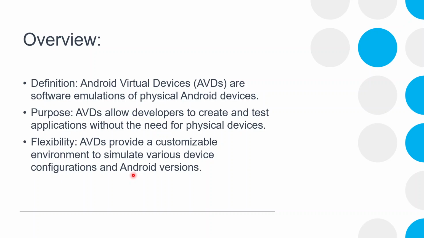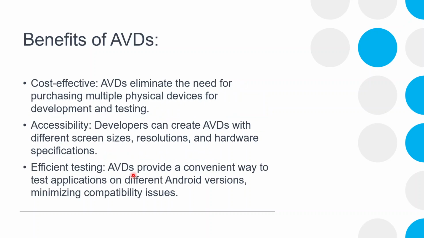So moving to the next slide, what are the benefits? The first benefit is that it is cost effective. Android virtual devices eliminate the need to purchase multiple physical devices for development and testing. We don't need to purchase devices of every different screen size.